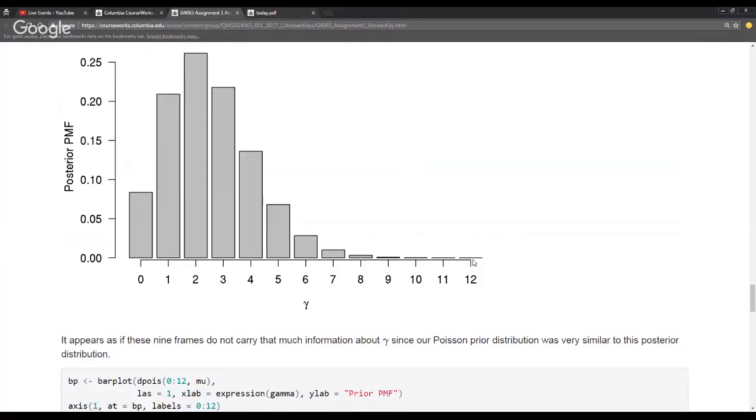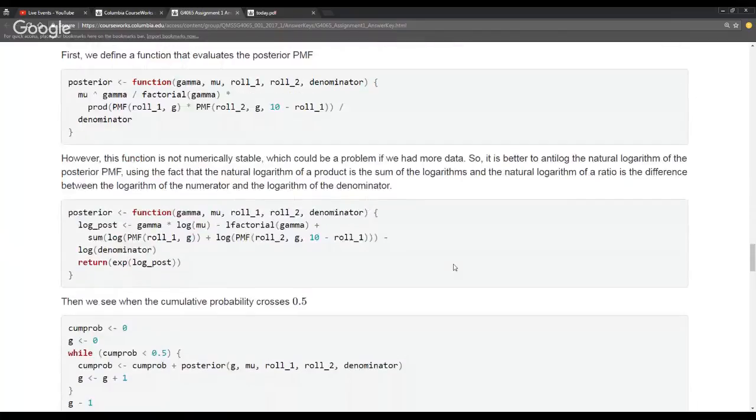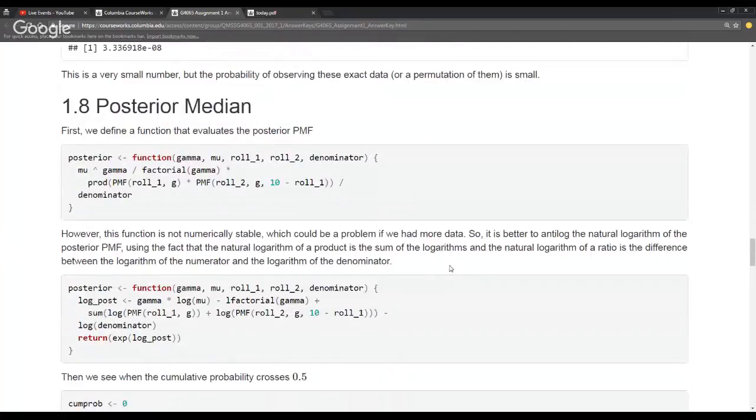Yes? Why is that method not numerically stable? Oh, it is in this case because we had only 9 frames of data. So we were multiplying 9 small numbers together. That's going to be a small number, but it wasn't dangerously close to 0. If we had 9,000 frames of bowling, then you're multiplying 9,000 small numbers, and the computer wouldn't be able to, in floating point numbers, distinguish that from literally 0.